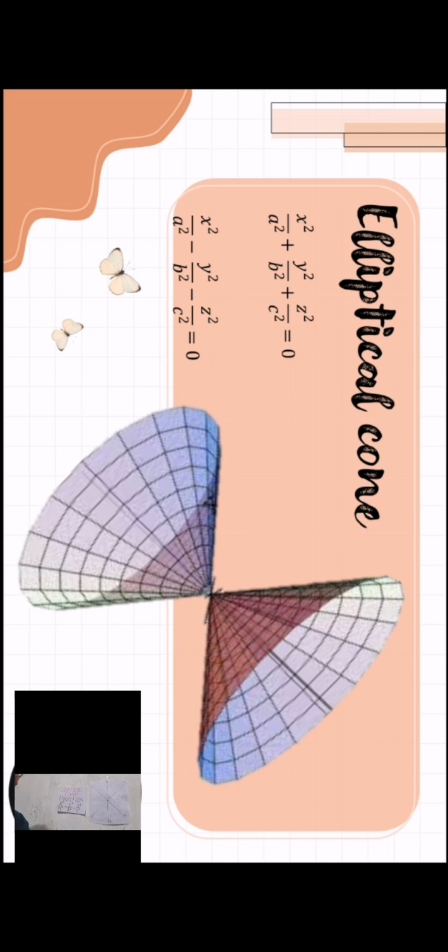The axis of the cone is located on the variable with the opposite sign, and the traces on the horizontal plane are ellipses and on the vertical plane hyperbolas.